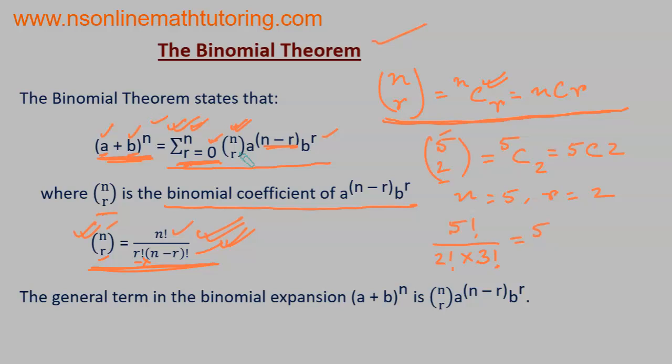So, 5 factorial can be written as, I will always express the larger number's factorial in terms of the smaller number's factorial. And 5 is the largest, so I will express 5 factorial in terms of either 2 factorial or 3 factorial.